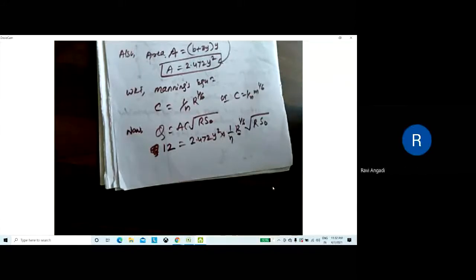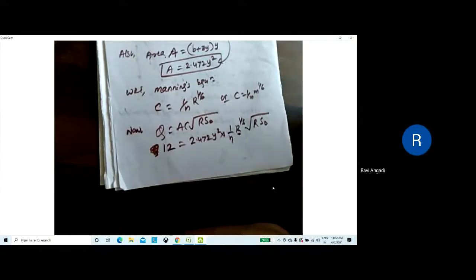R is y by 2. Okay, what is the value of n given? 0.023. What is the bed slope given? 1 in 8,000.